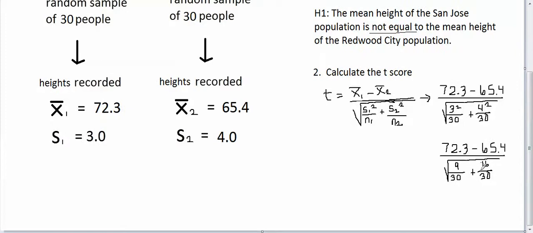Next, we're going to add the fractions. The fractions have the same denominator, so we can just add 9 plus 16, which comes out to 25.